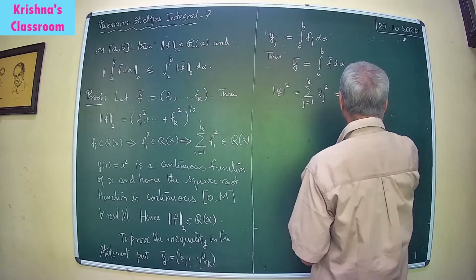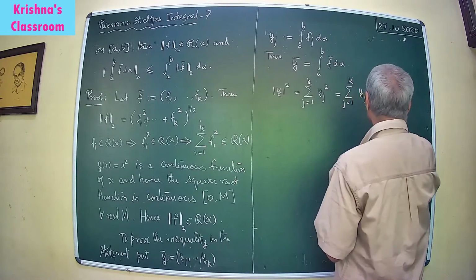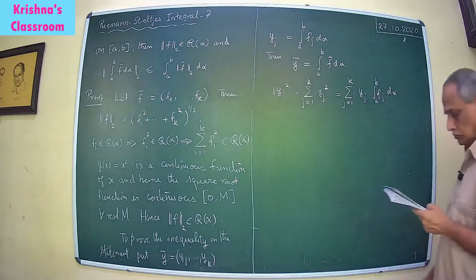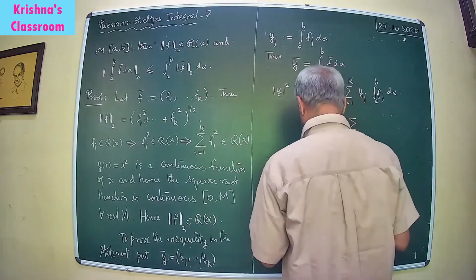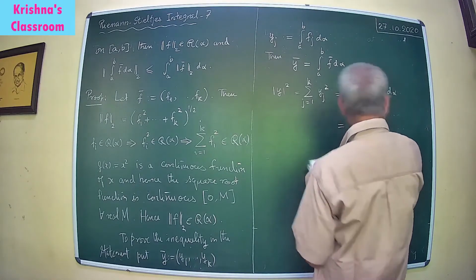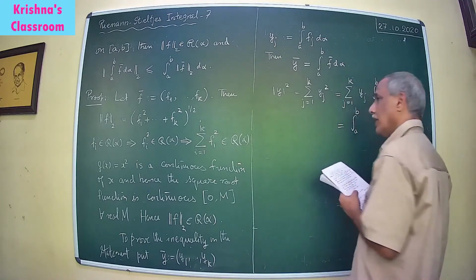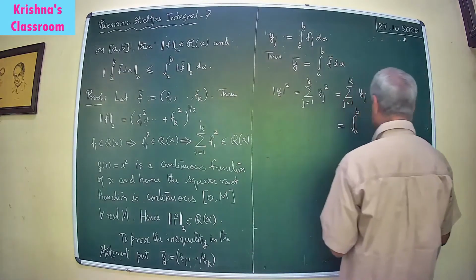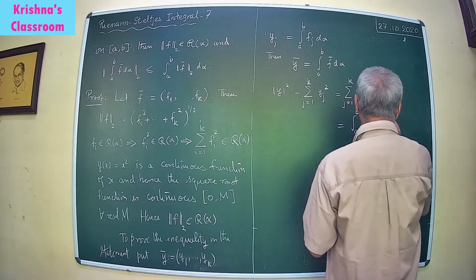I write one yj as it is, and for the other one I give the definition here, integral a to b. Because this is a constant I can just pull it out. It's also a finite sum, so I can interchange the summation with the integration, and what I can write is this.